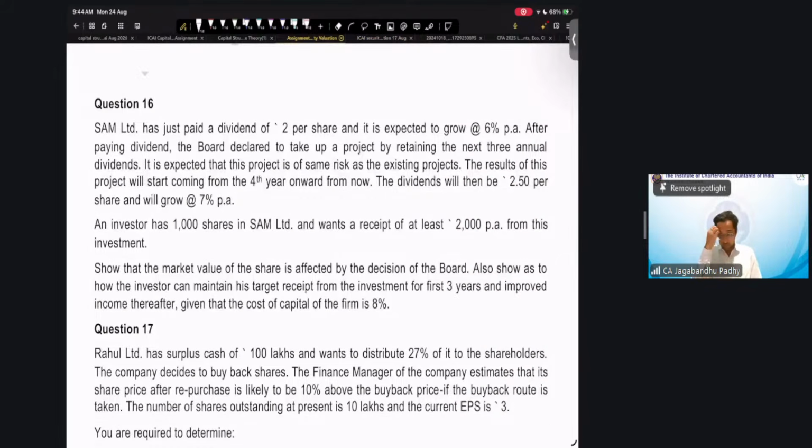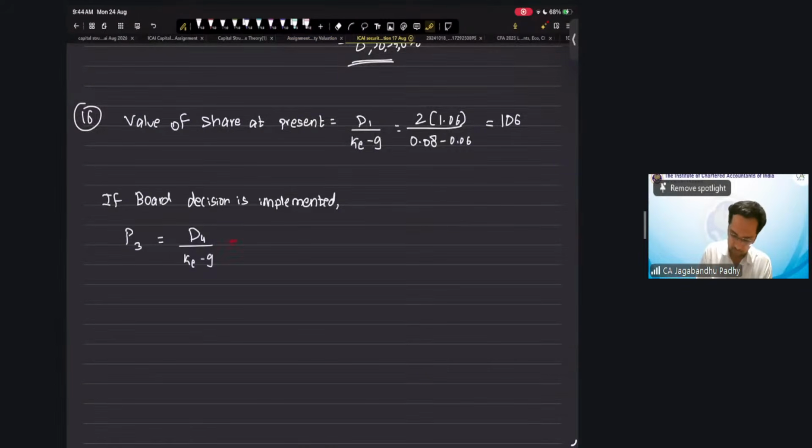Now, what is the fourth year dividend? The dividends will then be 2.5 per share and will grow at 7%. So the dividend is 2.5 divided by K, which is 0.08, minus the growth rate of 7%. So what's the price of the share in the third year?